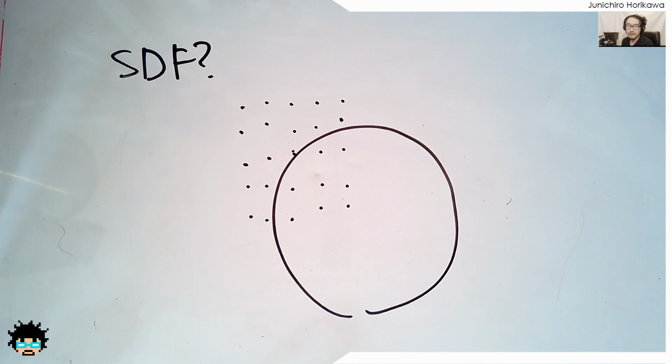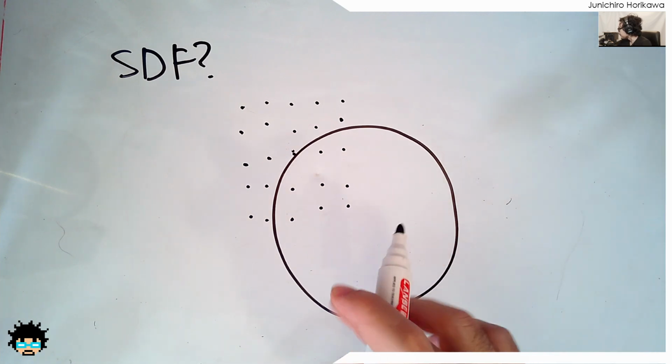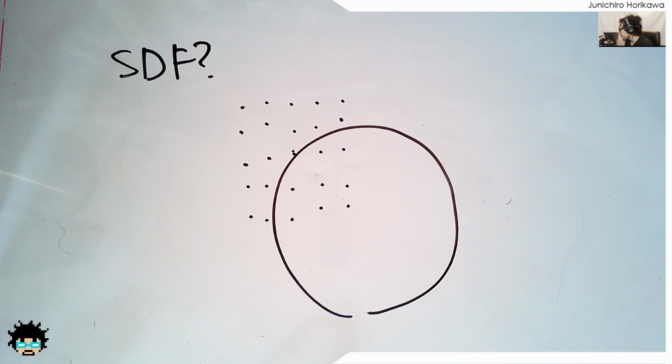But the difference is that the way this voxel value is used is a bit different between the fog type and the SDF type. For the fog type volume, each voxel uses different density values to directly visualize it as a density, to use it for something like cloud or fire or a water effect. On the other hand, SDF type volume is used to visualize the surface of a geometry using the voxel value.